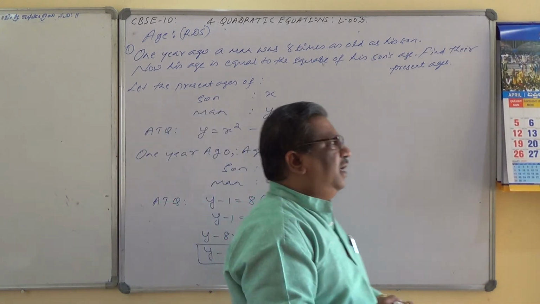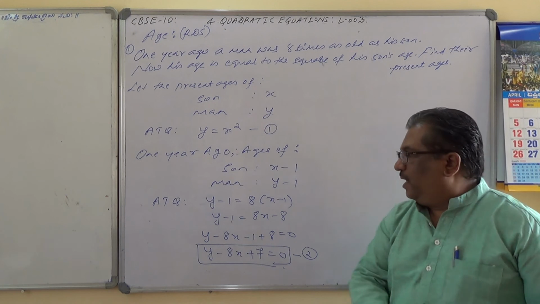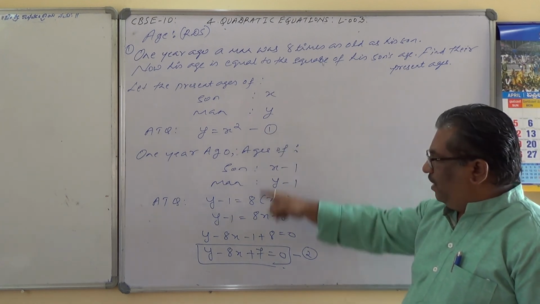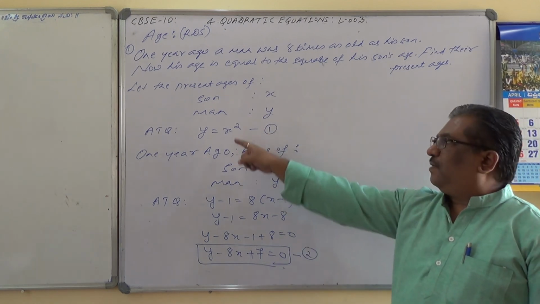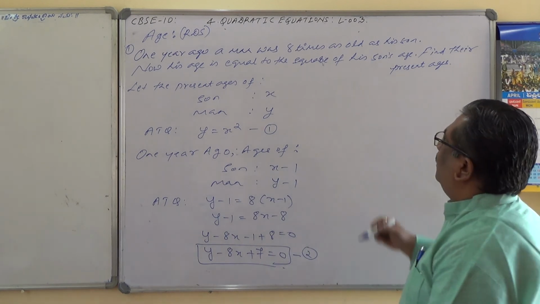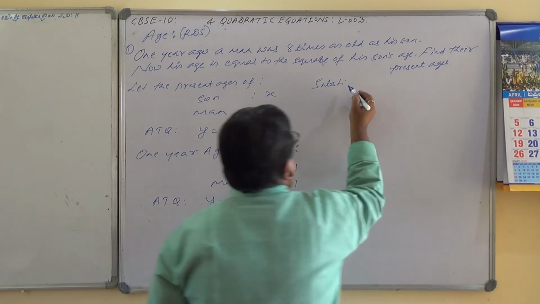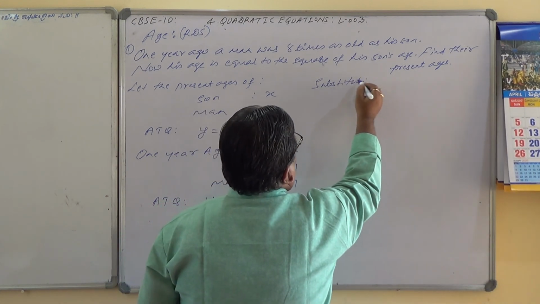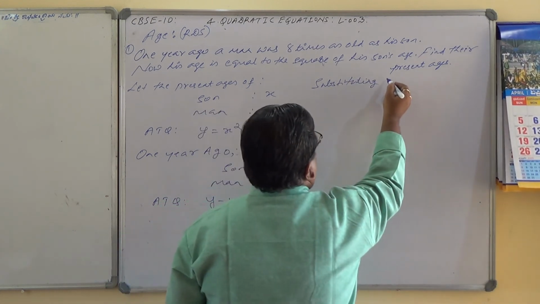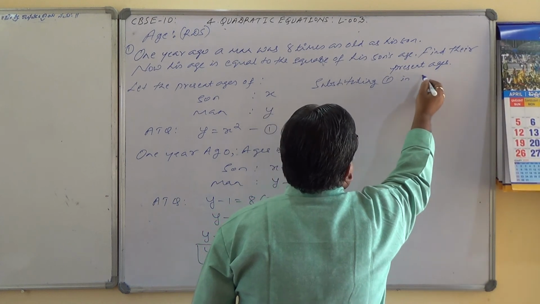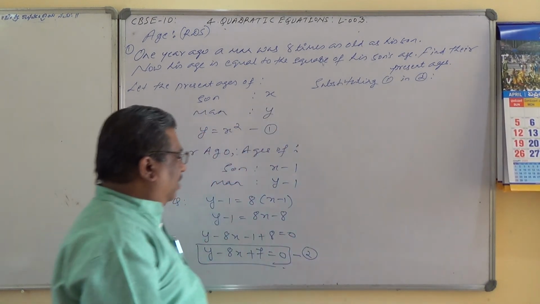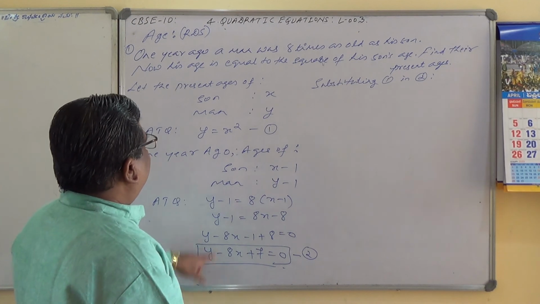Now what we will do, even though we assumed 2 variables, let us substitute 1 in this one and we will get a quadratic equation because it is x squared. Therefore, substituting 1 in 2, what we will get here? Y is nothing but x square here.